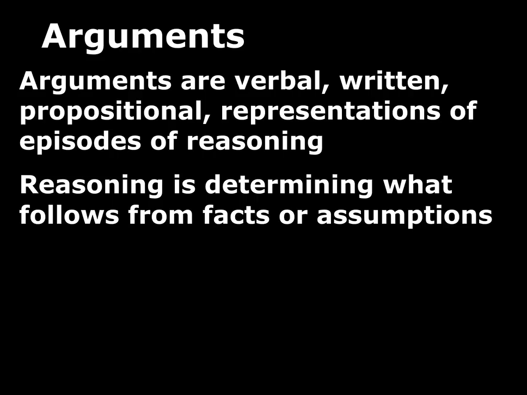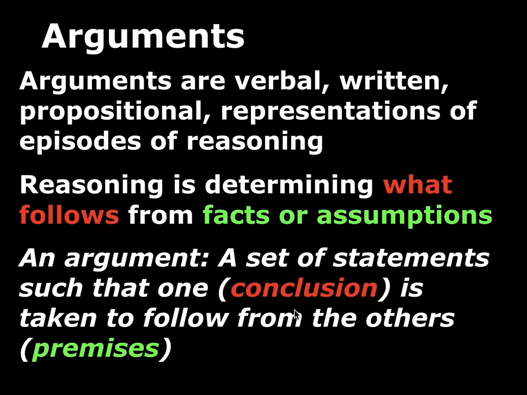Now, given that an argument is a verbal representation of a piece of reasoning, and that reasoning, as we discussed in the last video, is determining what follows from some facts or assumptions, then we can get the following definition of an argument. An argument is going to be a set of statements such that, one, the conclusion, and I put this in red here because this is corresponding to what follows, is taken to follow from the others, the premises.